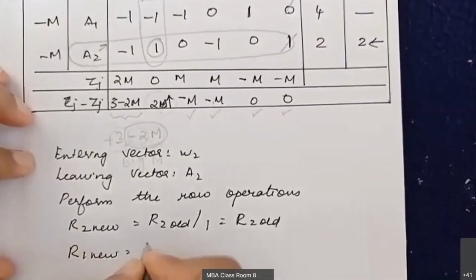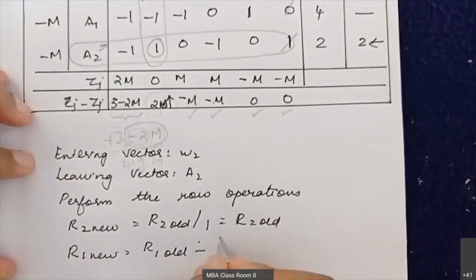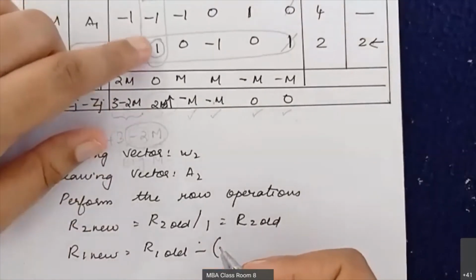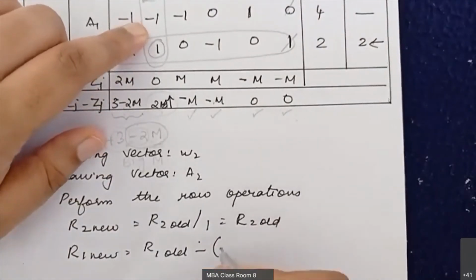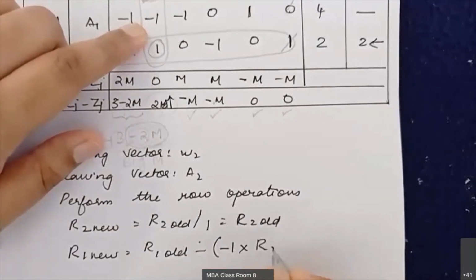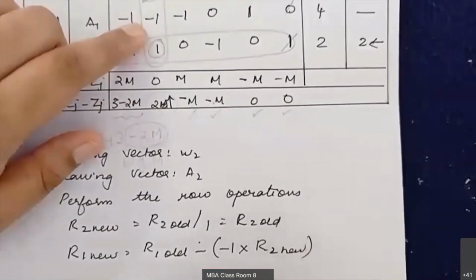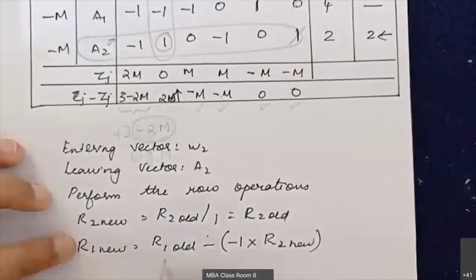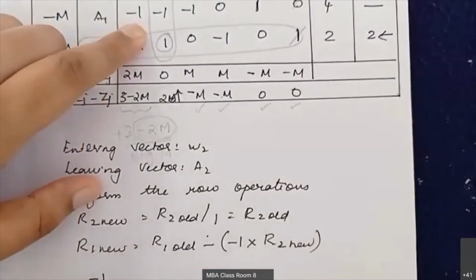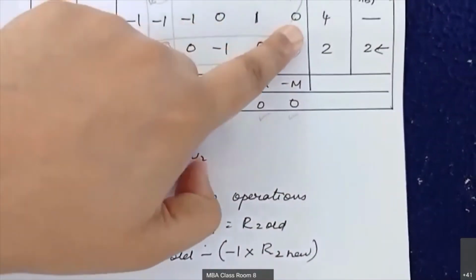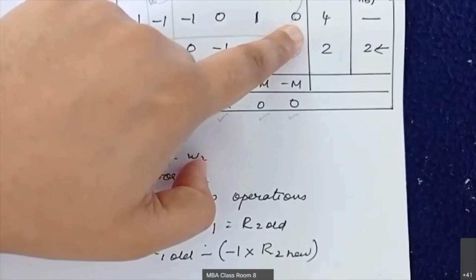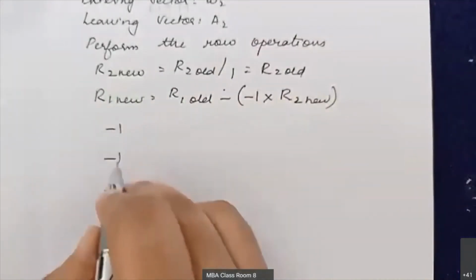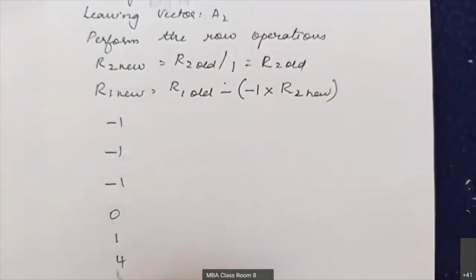R1 new is equal to R1 old minus the element corresponding to the key element in the first row, that is -1, into R2 new. How will you do it? R1 old, we have -1, -1, -1, 0, 1. We don't have to take the 0 over here, skip it and take 4. So we have -1, -1, -1, 0, 1 and 4.